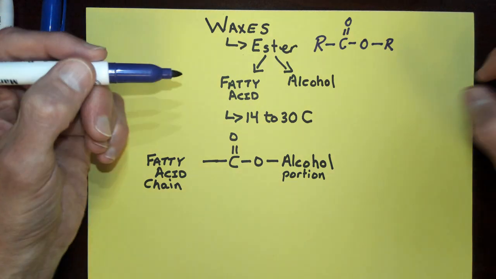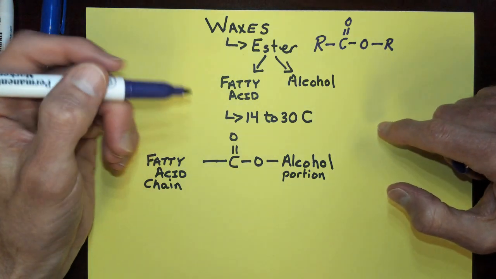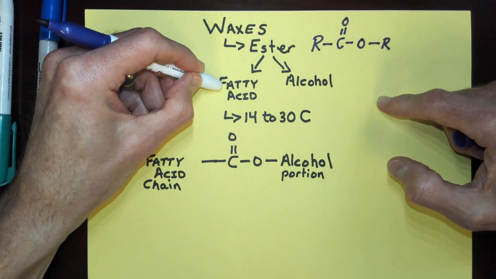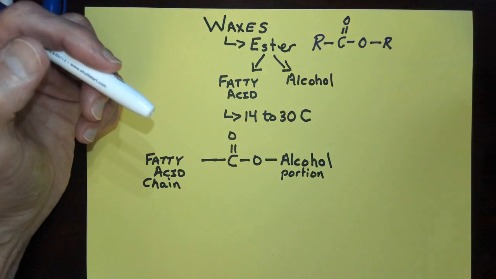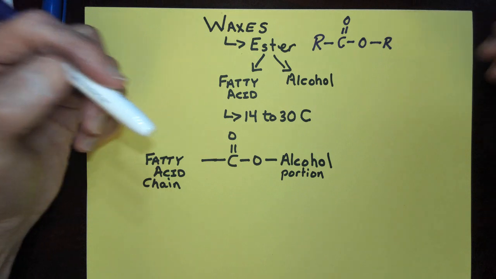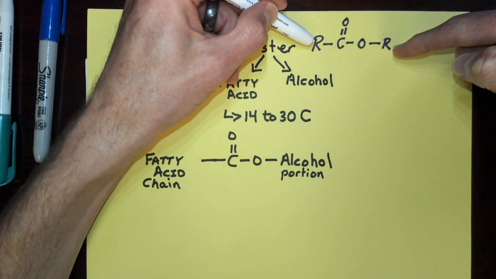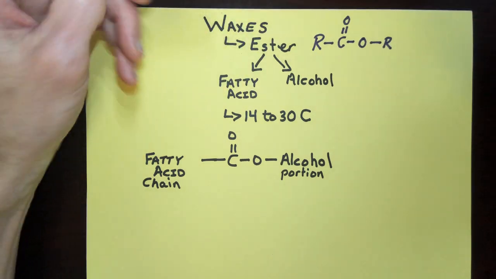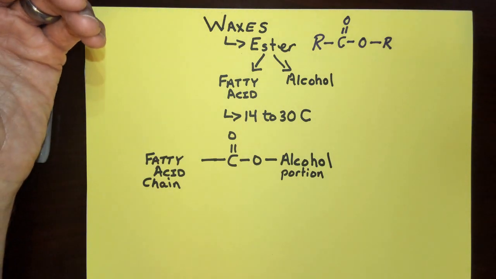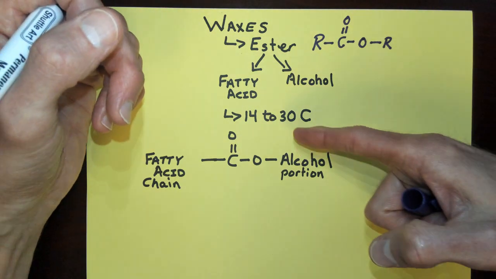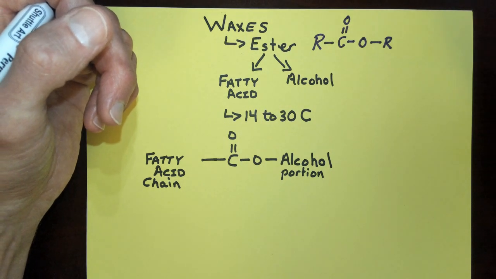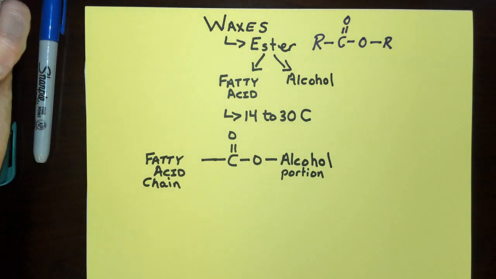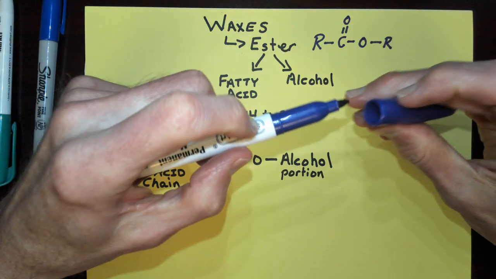Now for waxes, we want each, the fatty acid and the alcohol, to be 14 to 30 carbons in length, so we're talking about each R. So combined here, let's say we had 30 from the fatty acid and 30 from the alcohol, we're looking at 60 carbons.